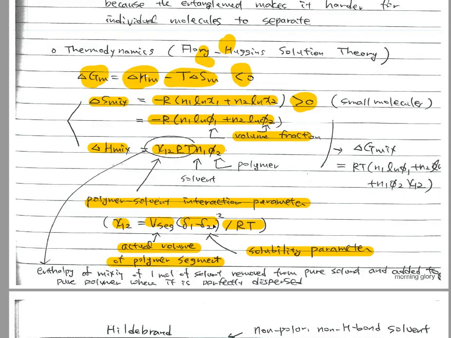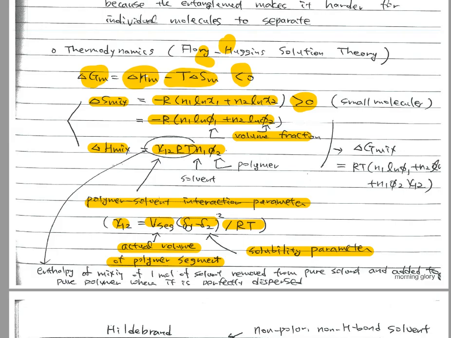Delta 1 and delta 2, if those two values are similar to each other, then this chi12 will be close to 0, right?